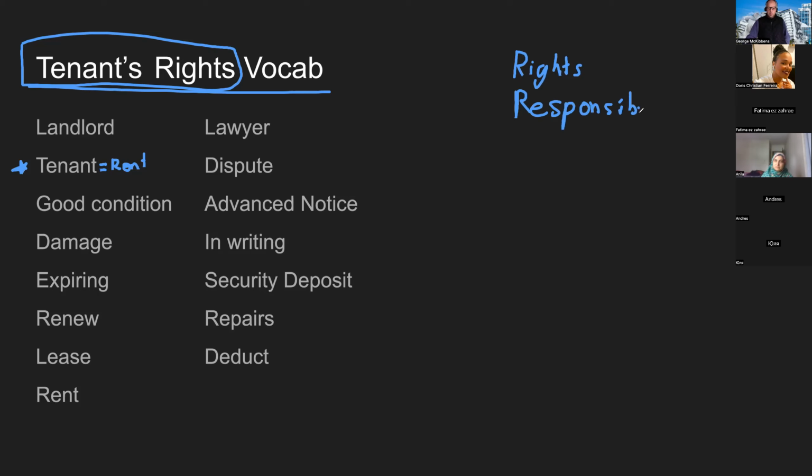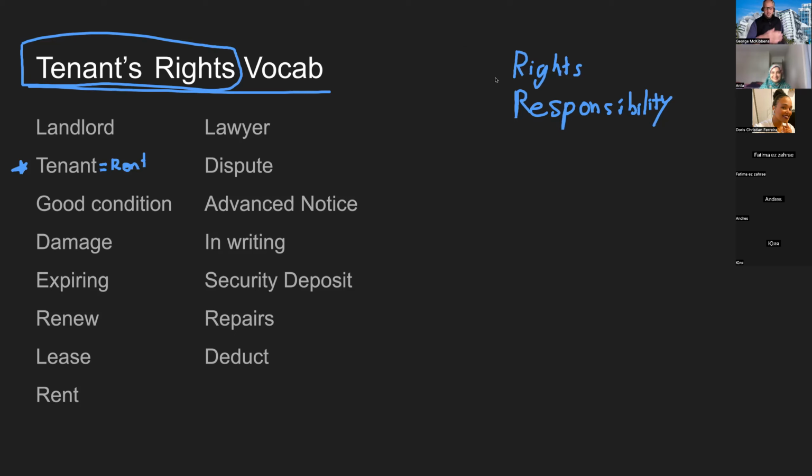She can't give half the money and say, oh, I'll give the other half when I feel like it. That's a violation of the landlord's rights if you have a contract. But as the tenant, her rights are what?